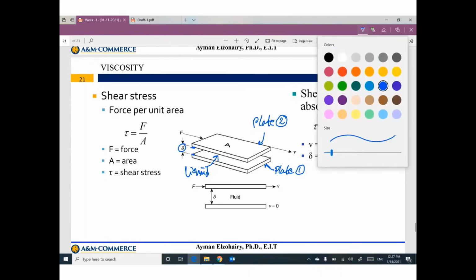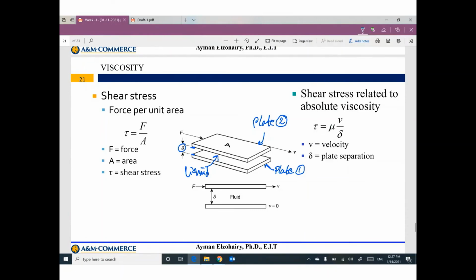The area of plate number 2 or plate number 1 is A. And we have a force pushing plate number 2 to be moved with a velocity V. One more time. We have a fixed plate with velocity 0.